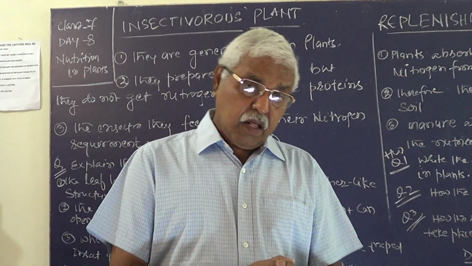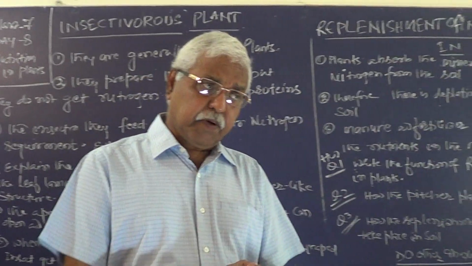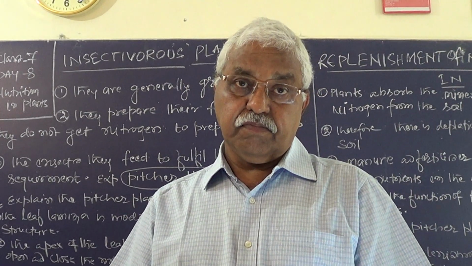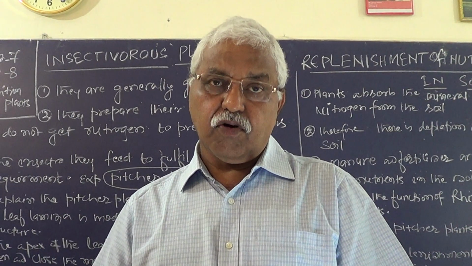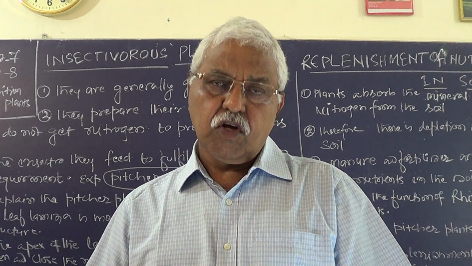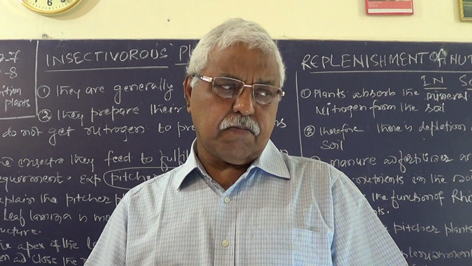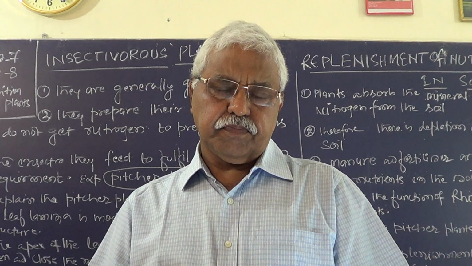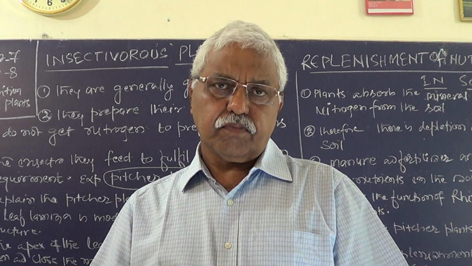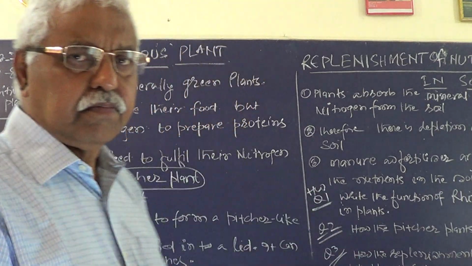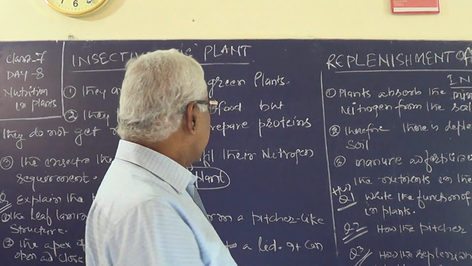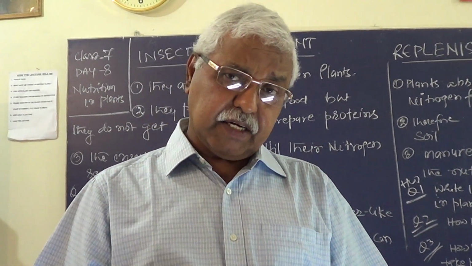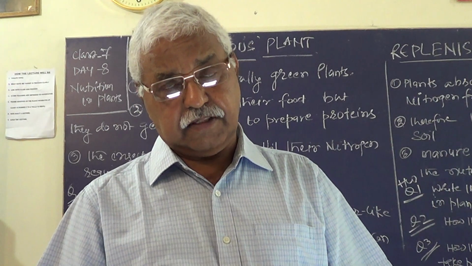देखो, कि जो इंसेक्टिवोरस प्लांट्स वो इंसेक्ट को ट्रैप करता है टू फुलफिल देयर रिक्वायरमेंट ऑफ फूड. All insectivorous plants, especially those which are green, prepare their food by the process of photosynthesis.